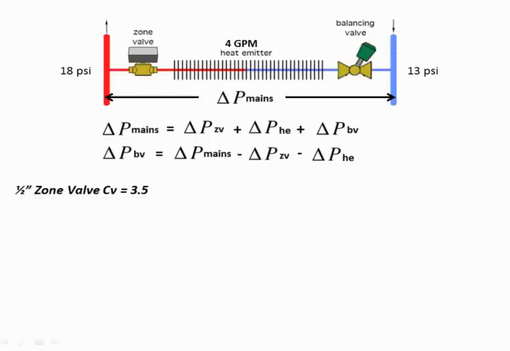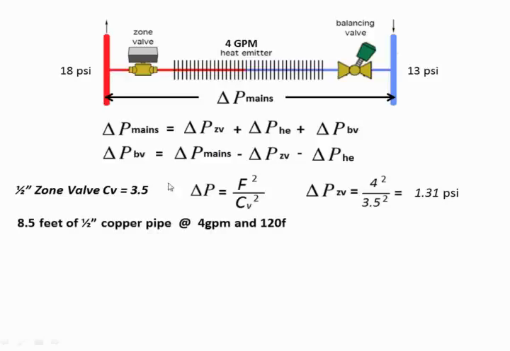So starting off with the zone valve, if we have a half-inch zone valve, and Caleffi's literature indicates a flow coefficient of 3.5, we can take our formula between flow rate, flow coefficient, and pressure drop and rearrange it and calculate the pressure drop being the flow rate squared divided by the flow coefficient squared equals 1.3 psi. So now we've calculated the pressure drop across the zone valve.